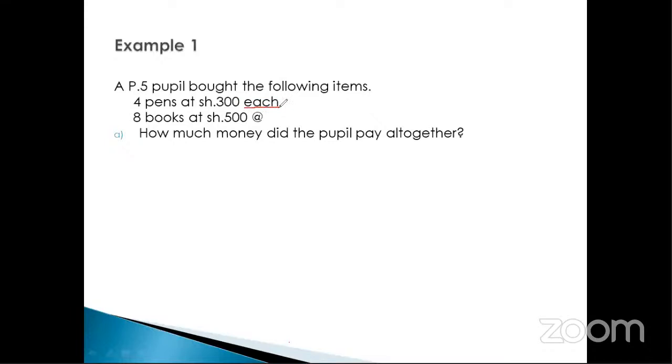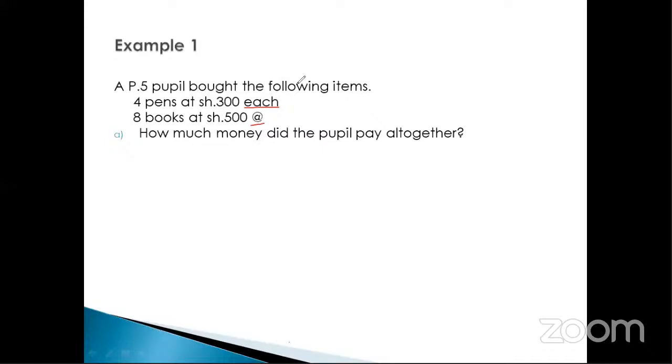And this one is the same as each, or at. Sometimes we can use at, but that refers to each. Now, how do you interpret, for example, 4 pens at 300 shilling each? When they say 4 pens at 300 shilling each, what does it mean?